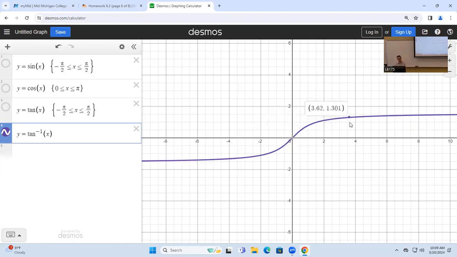Notice that tangent inverse is not only one-to-one, but also, since the tangent function was an odd function, we calculated that last time, right? Tangent was odd. Notice tangent inverse is also odd. It's symmetric about the origin.